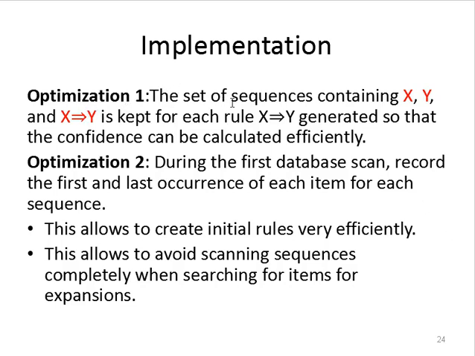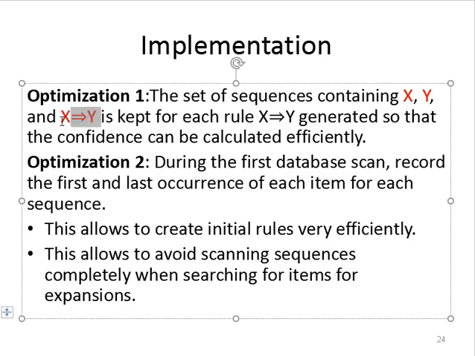The first one: for each rule X imply Y, we can keep the set of sequences containing X, Y, and X and Y. So when we scan the database, we remember for X in which sequences it appears, also Y, and also X and Y. So every time we want to extend the rule, we don't need to look at the whole database again. We know all the sequences that contain X, all that contain Y, and all that contain X and Y. And we can also calculate the confidence very quickly with this, without reading the database again.